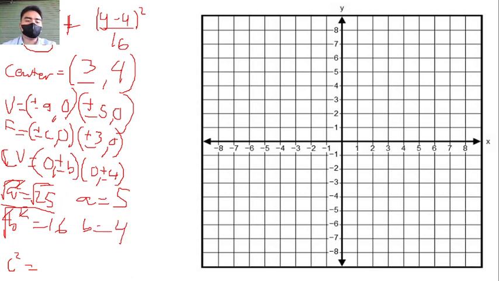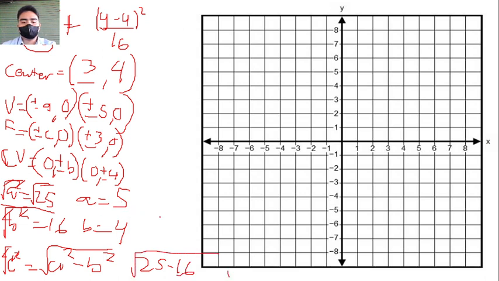Okay? Same goes with the c. We get the value of c from the formula a squared minus b squared. So in that case, we're going to get the radical of each side. So in order for us to get the value of c, we're going to take 25 minus 16.